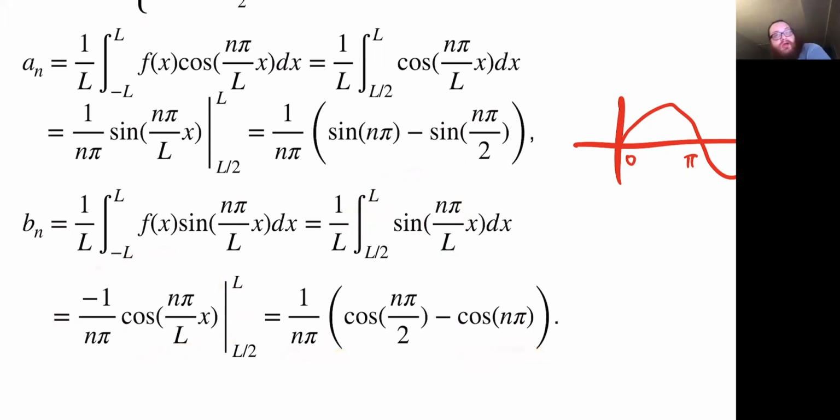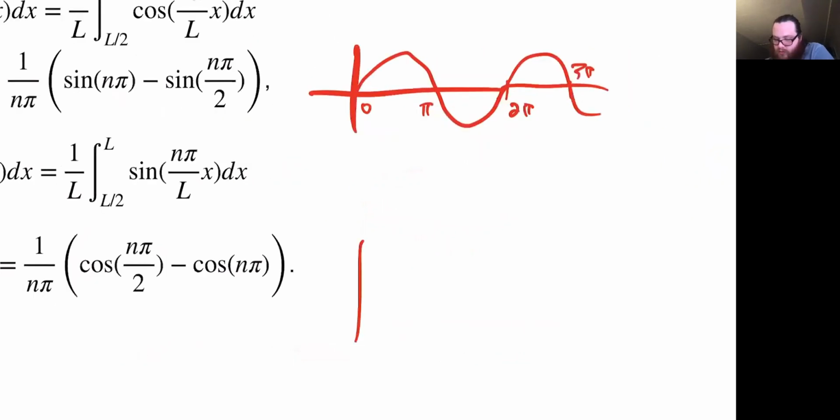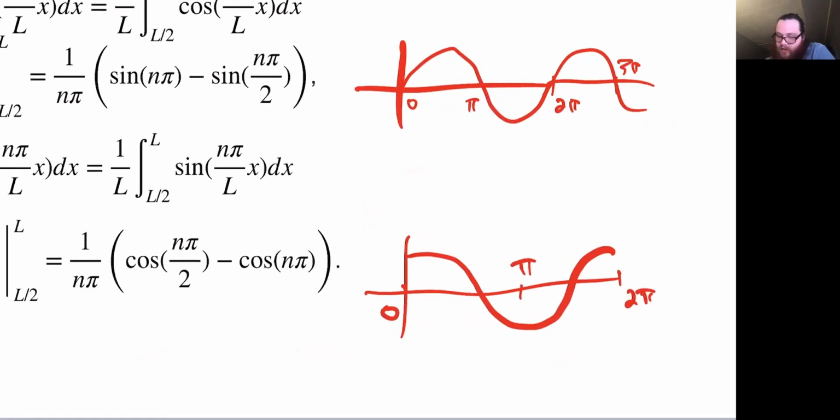Here you could make a similar sort of simplification. Cosine of n pi looks something like this. So this is 0, this is pi, this is 2 pi. So cosine of n pi is always going to be -1 or 1.